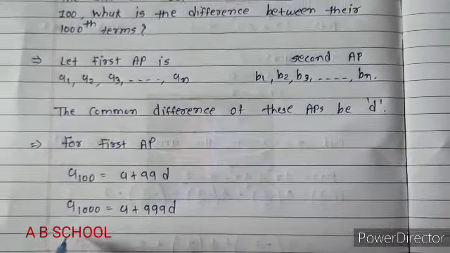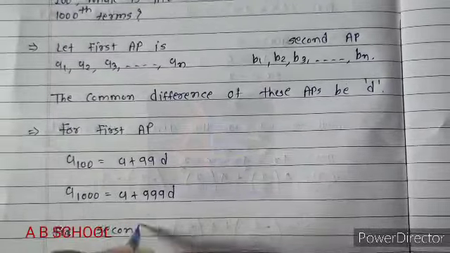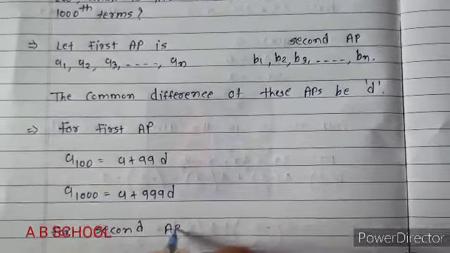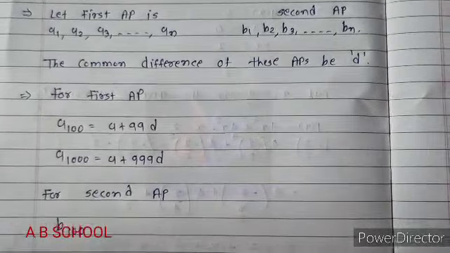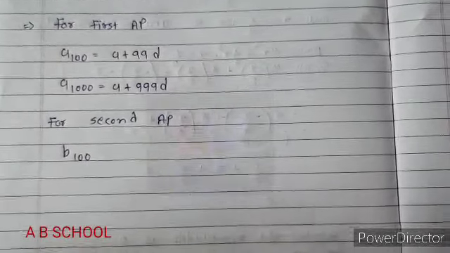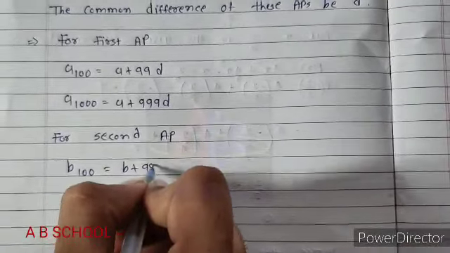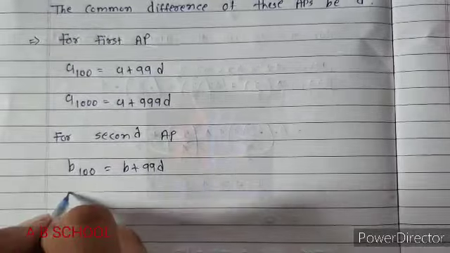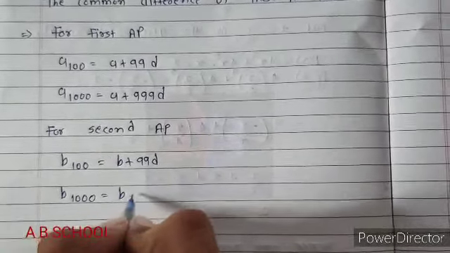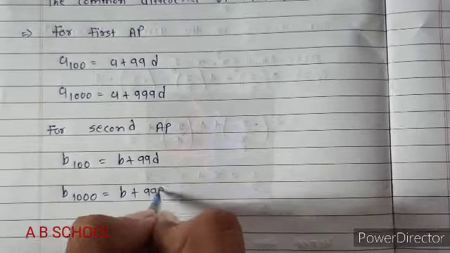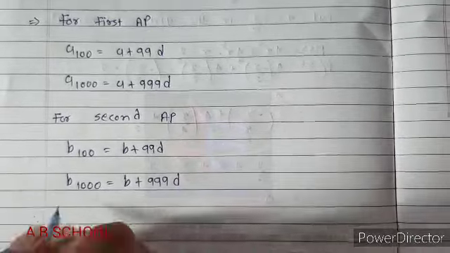Now for second AP, B100 is equal to B plus 99D, and B1000 is equal to B plus 999D.